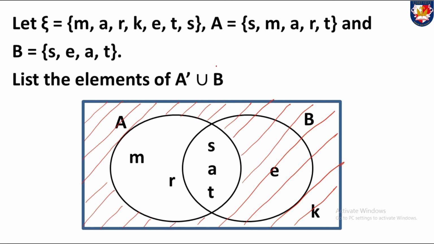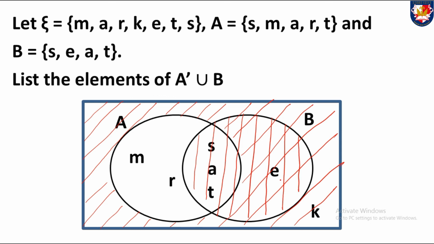Next, we're going to shade the region of B. We shade all the region of set B, which is inside this circle. There it is.